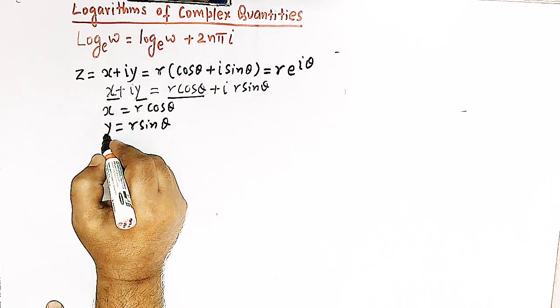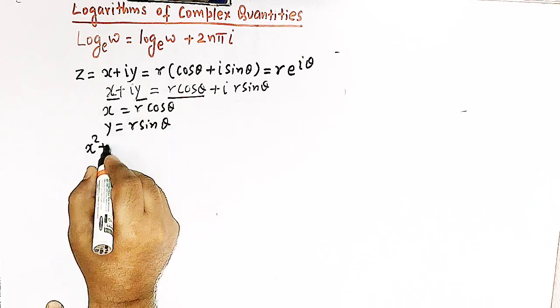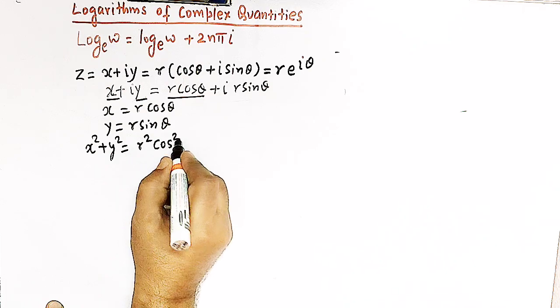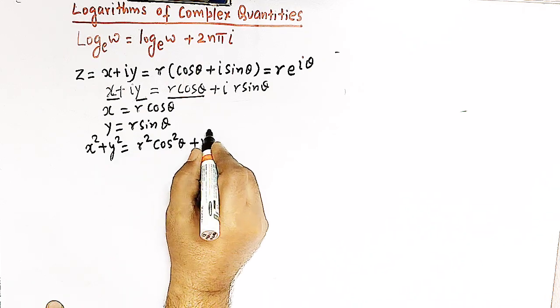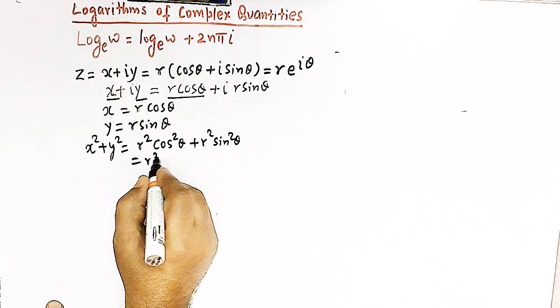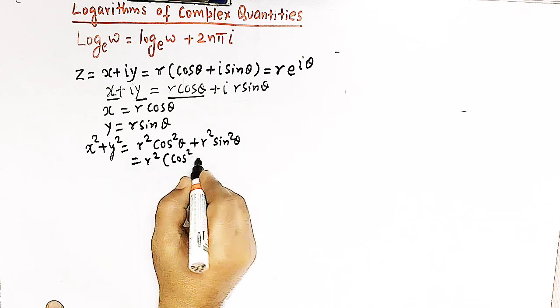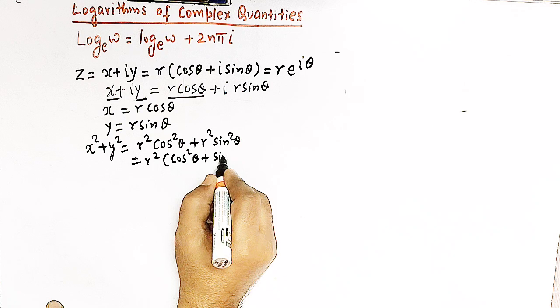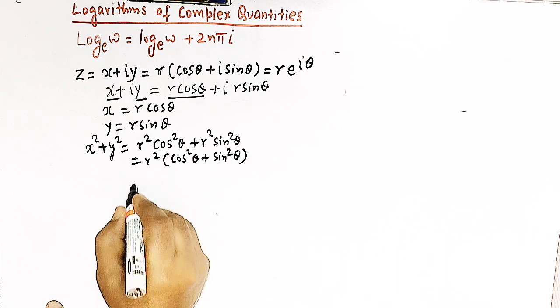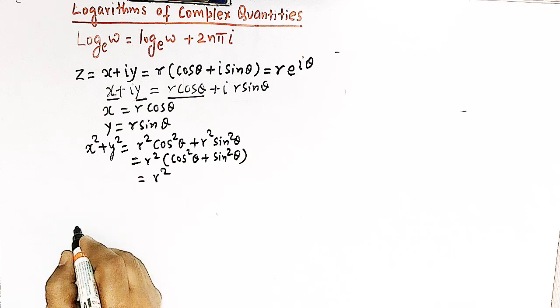So squaring and adding, we have x square plus y square is equal to r square cos square theta plus r square sine square theta, that is r square times cos square theta plus sine square theta. So cos square theta plus sine square theta is 1. So we have r square.